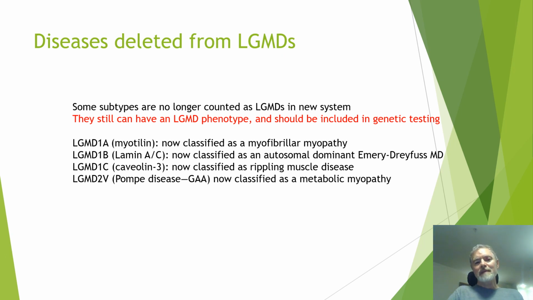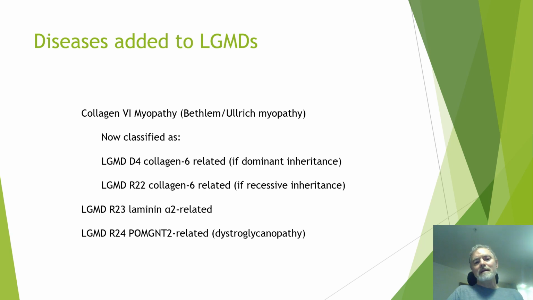But that still means that you should test those genes on a panel to see whether those genes can be responsible. So several of these are in the autosomal dominant types, LGMD 1A, 1B, 1C, and then a few other types are now classified as other non-LGMD muscle diseases.